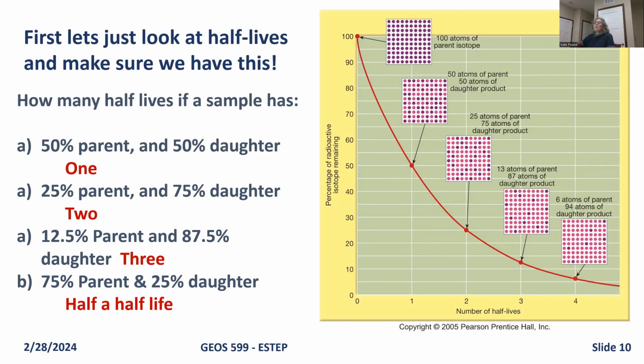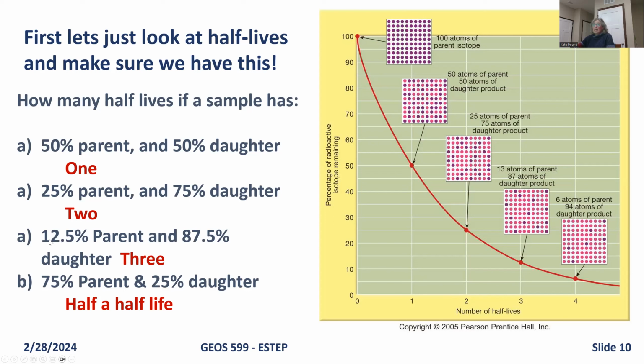All right, so if a sample has 50% parent and 50% daughter, 1 half-life has passed. If it's got 25% parent and 75% daughter, then 2 half-lives have passed.